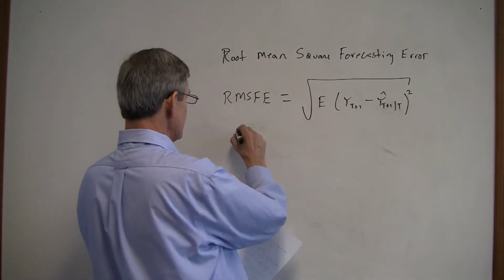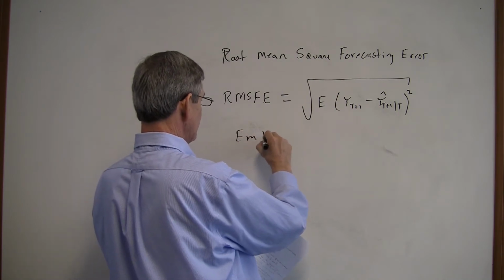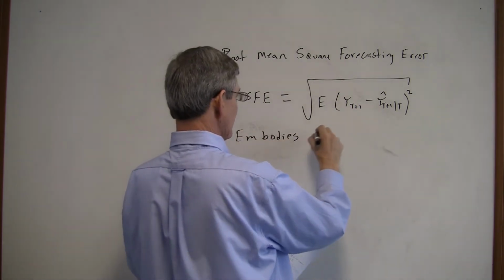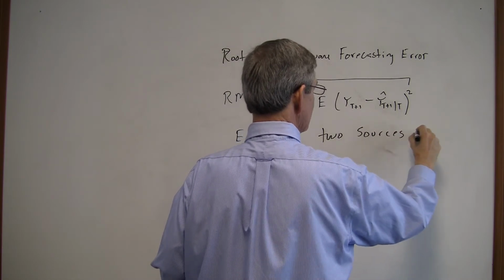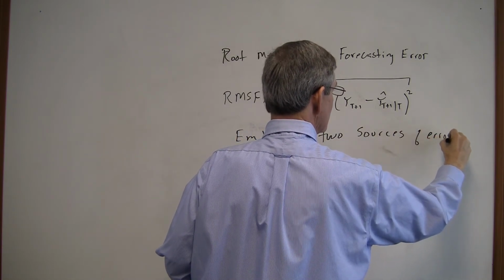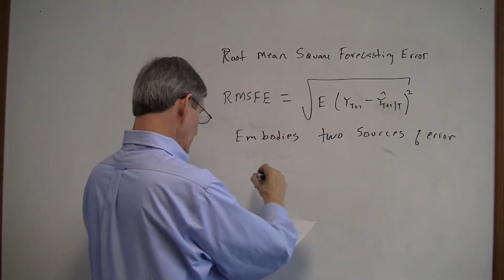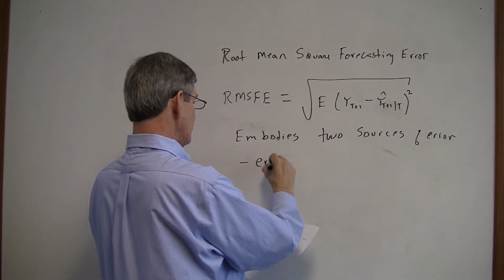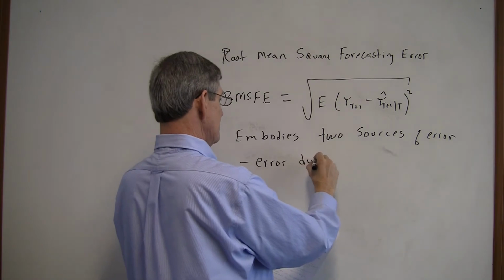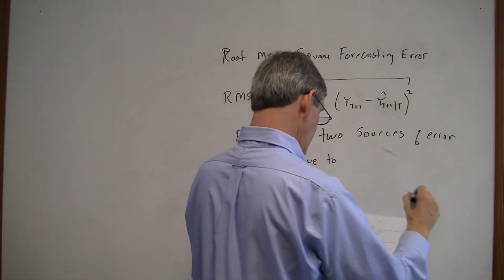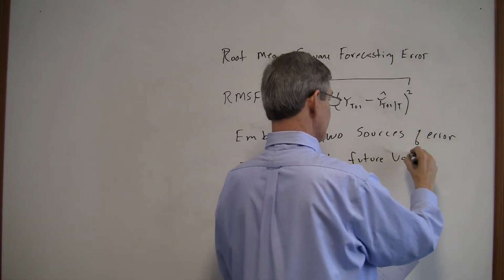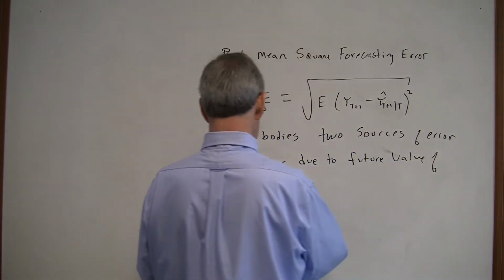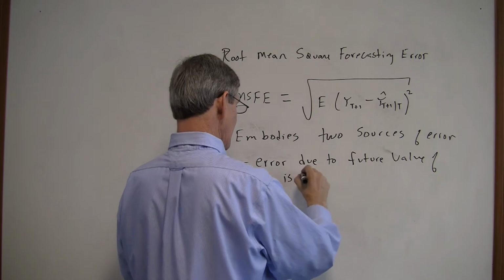So this embodies two sources of error. The first error is due to the future value of u_t being unknown.